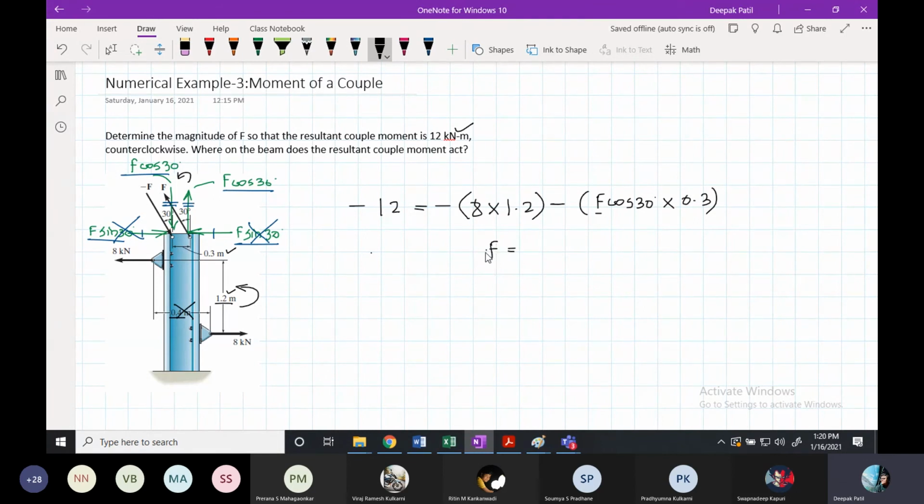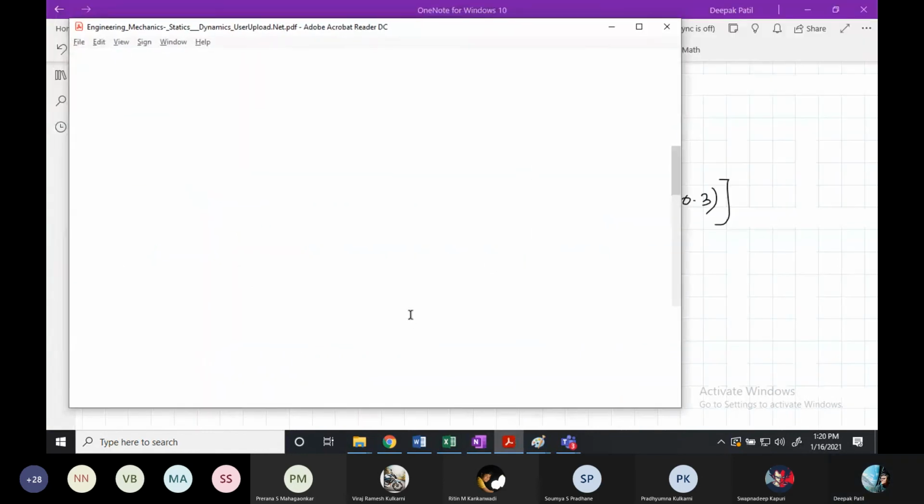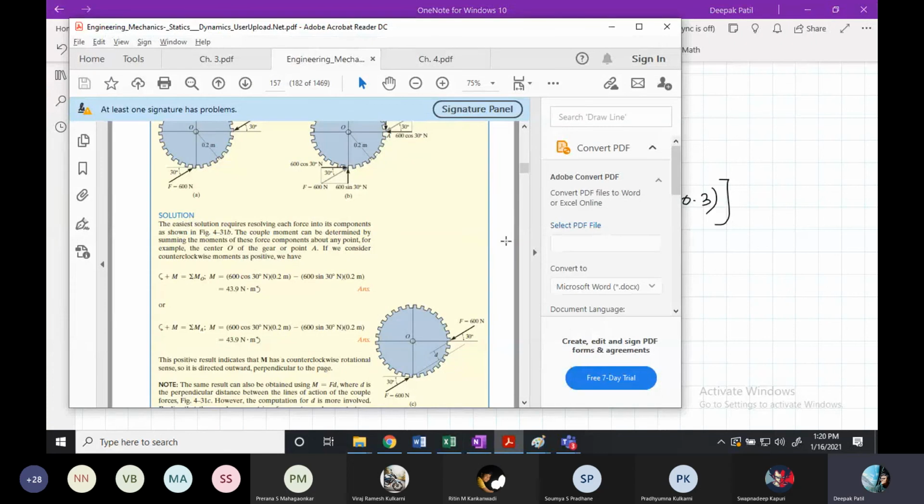Can anybody tell me what will be the value of F? Please calculate and tell me. Any answers, students?